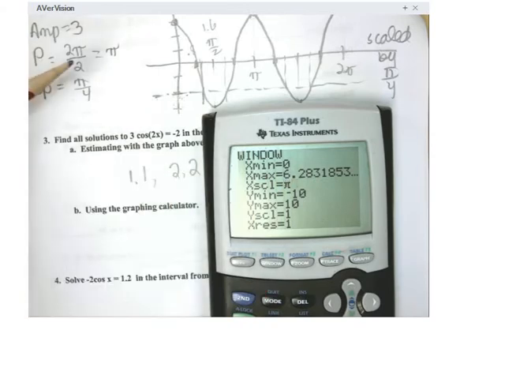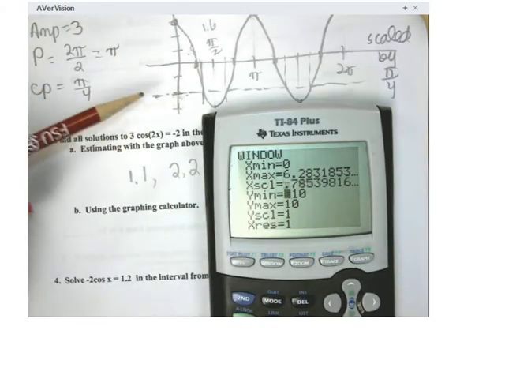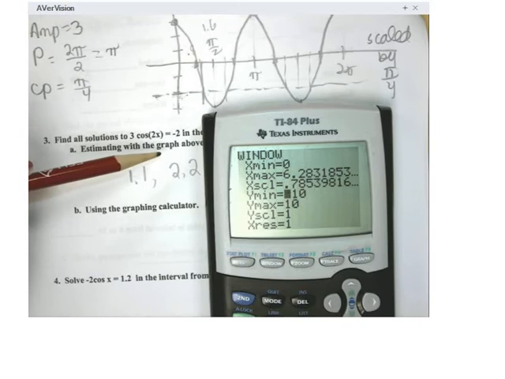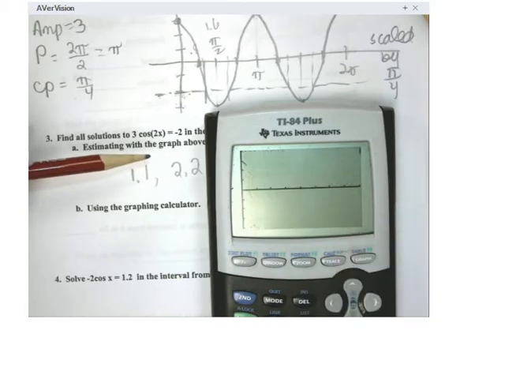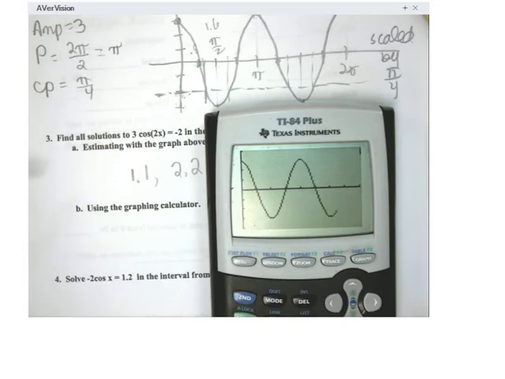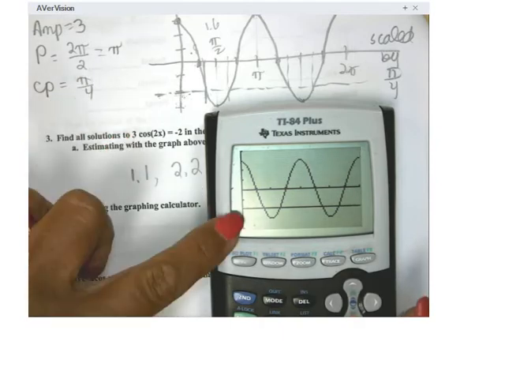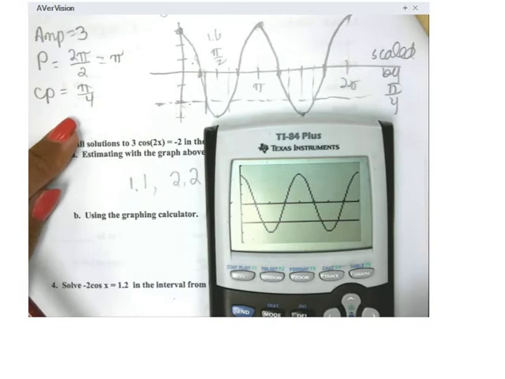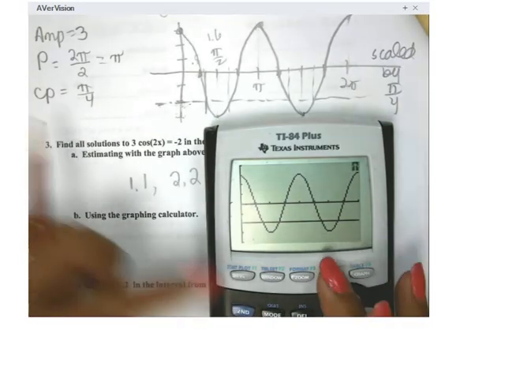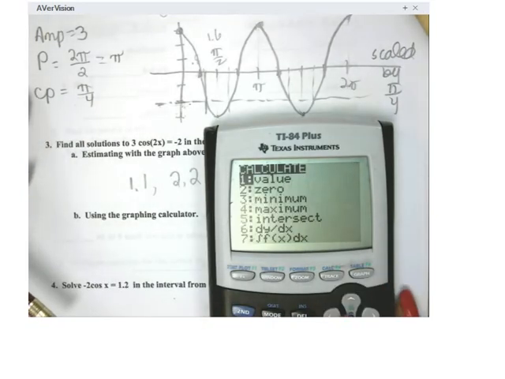I want x to go from 0 to 2 pi, and I'm going to scale my graph by pi over 4s, just like my graph is scaled on my little grid that I drew up above. I'll let my y value go as low as -4, as high as +4, and I'll scale it by 1, so a graph.